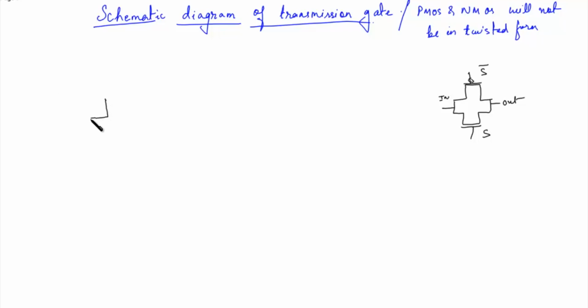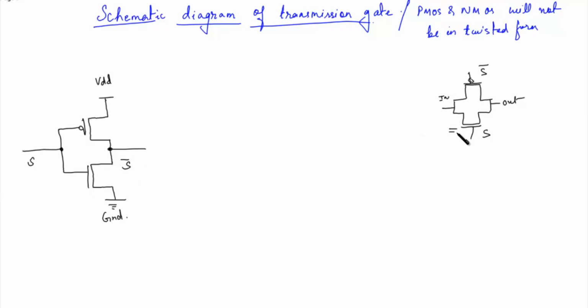So this is the inverter. VDD. This is the ground. This is input S. This is the output S bar.